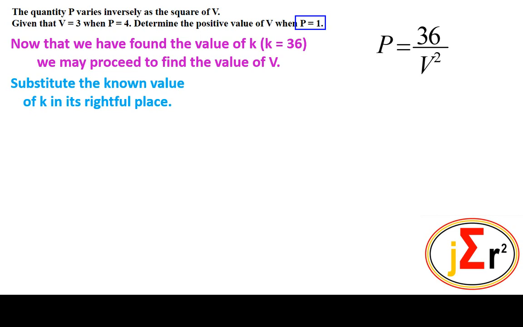We have the value of k, and here we have the value of p to be 1. So we will no doubt substitute 1 in the place of p. P is equal to 1. V now is the only unknown, and we will solve the equation.